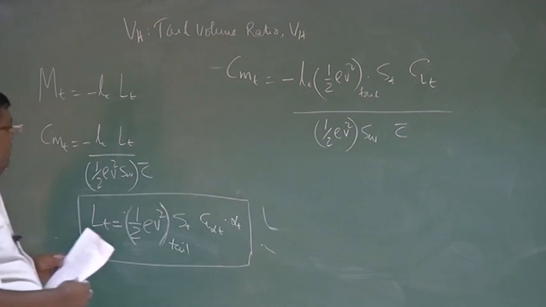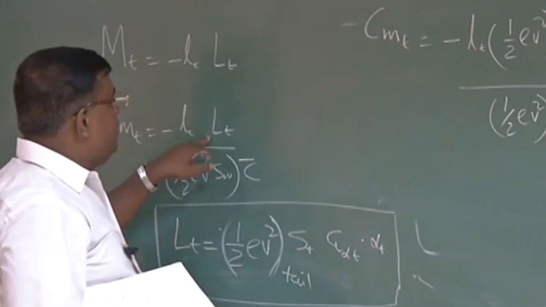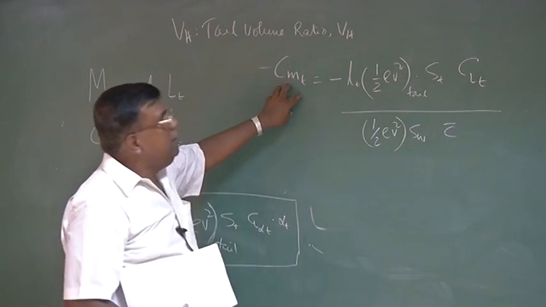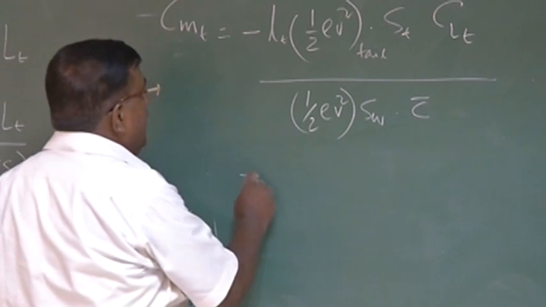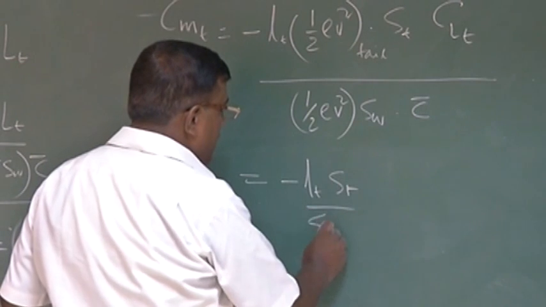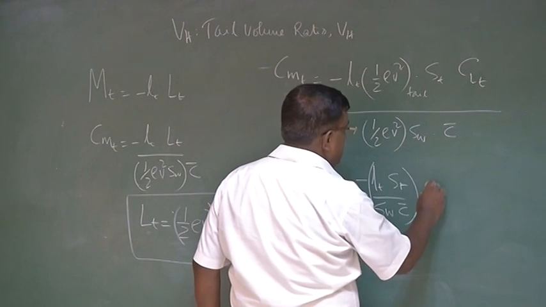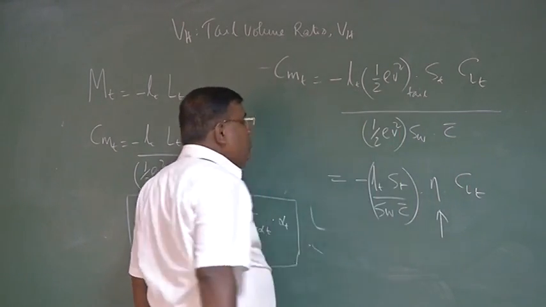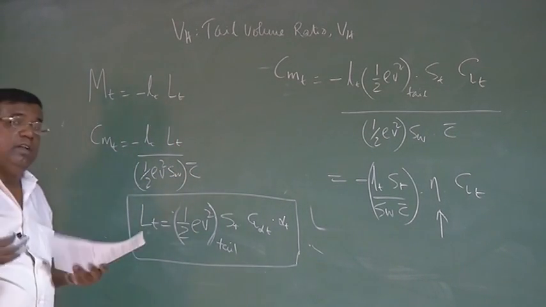You know CM tail now, by substituting the expression of L tail into this expression. So I get CM tail as this. What is CM tail? It is the pitching moment coefficient because of the tail about the CG of the airplane, right? So this I can easily write as minus lt St by SW C bar, into 1 into eta into CL tail. But eta is the ratio of the dynamic pressure at the tail and the dynamic pressure at the wing. You can understand the dynamic pressure will be different.